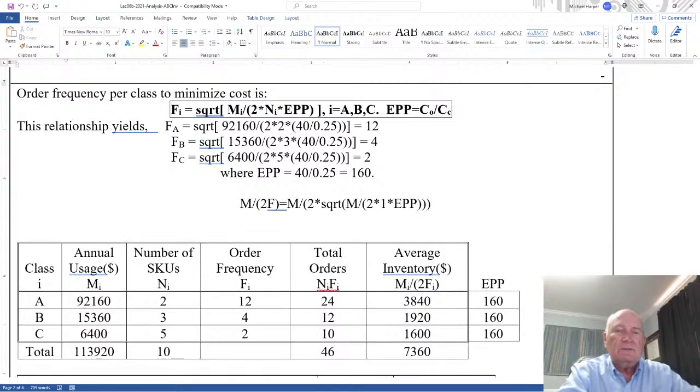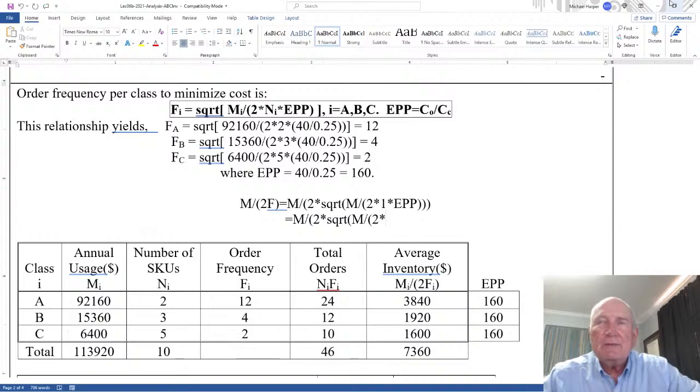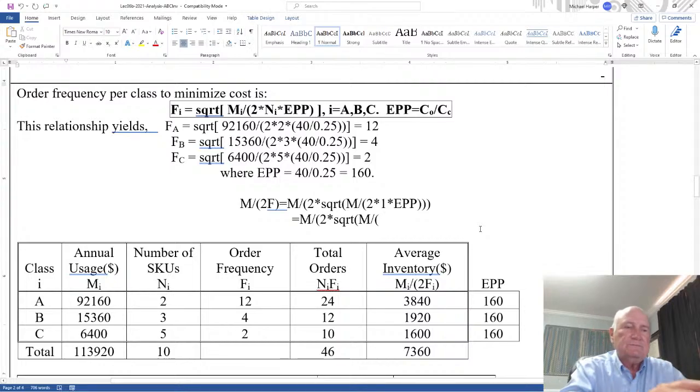So that's going to equal M divided by 2 times the square root of, again we have M divided by 2, and we know the EPP; let's just keep it in there, because we have the EPP already. We don't need to type it in. But we have just a 2 here times EPP.